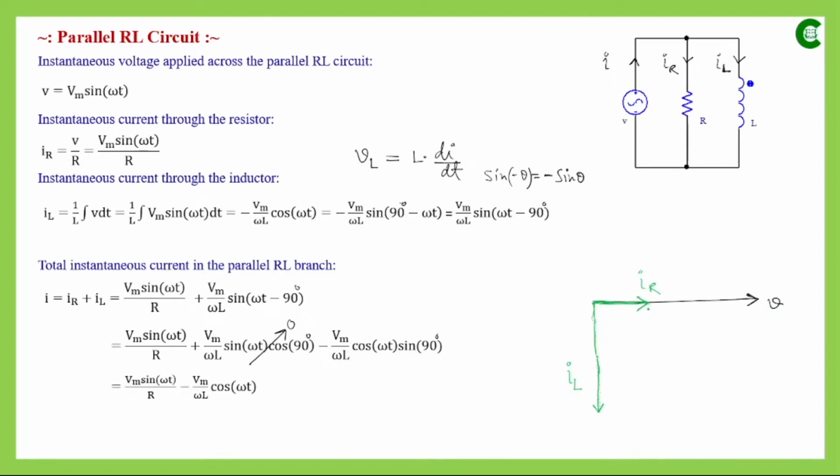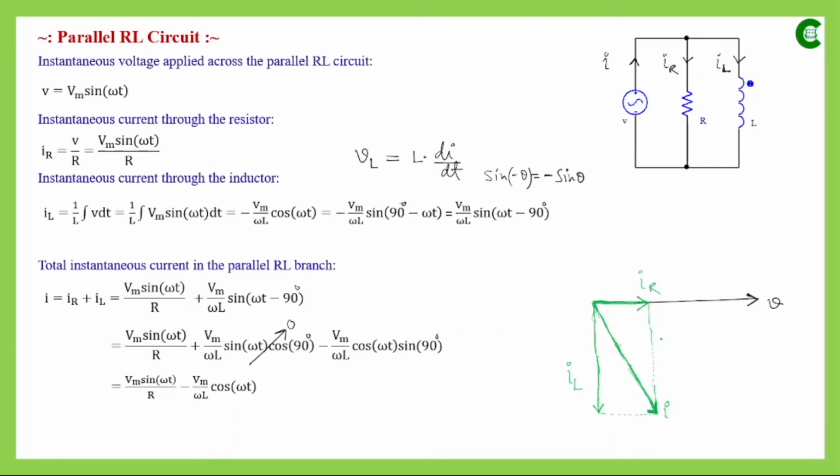Now if we want to get the phasor for the net current, we have to take the resultant of this parallelogram. So this will be the phasor of our net current in that parallel RL circuit. This will be I that we have obtained here.